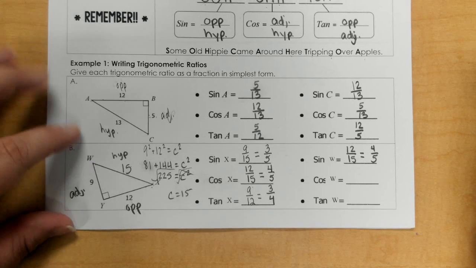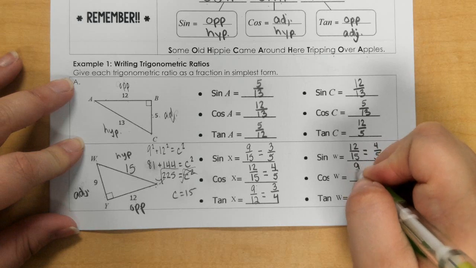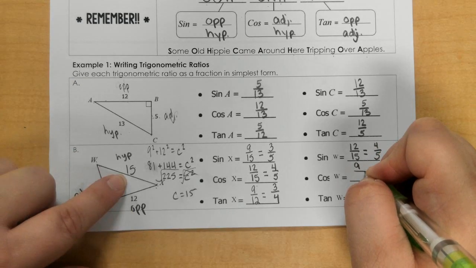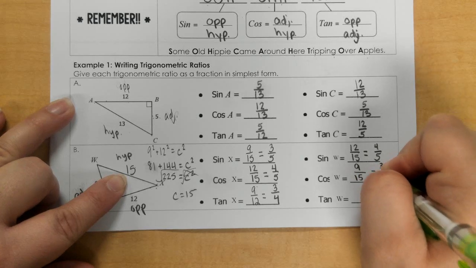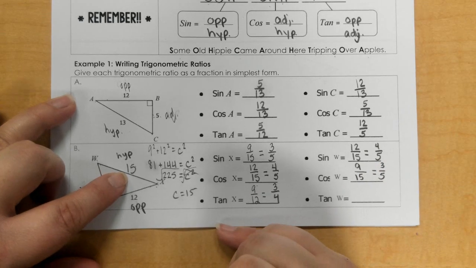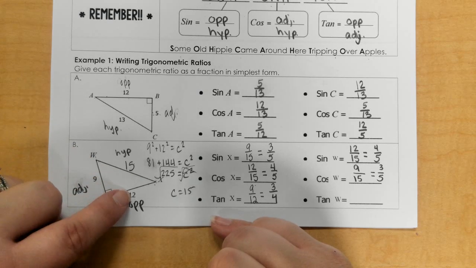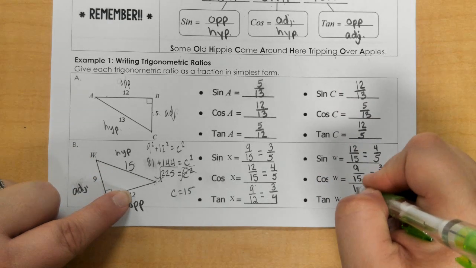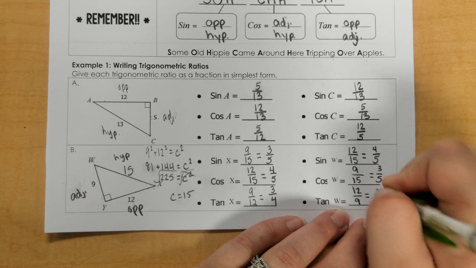For cosine W, adjacent, which is 9, over hypotenuse, which is 15, that's 3/5. And then tangent would be opposite 12 over 9, and that would be 4/3.